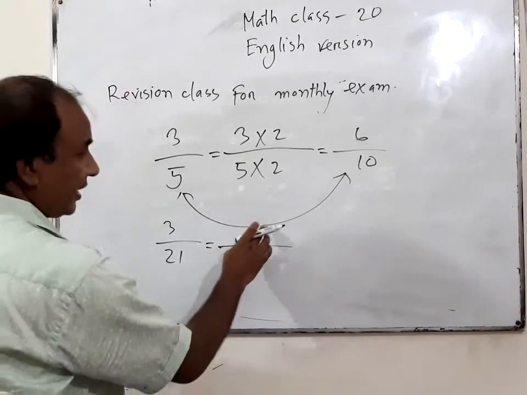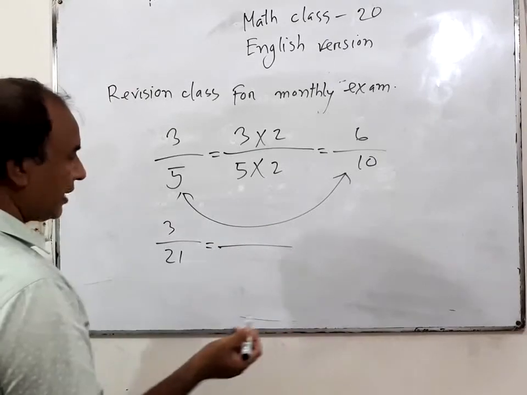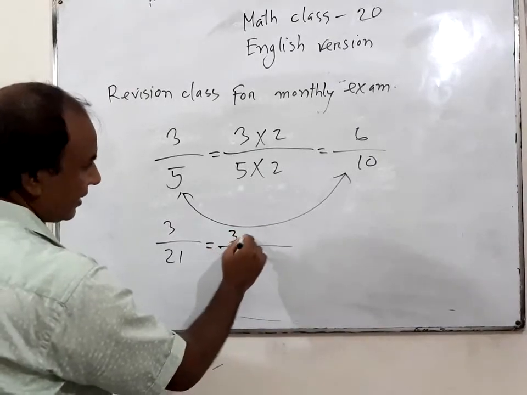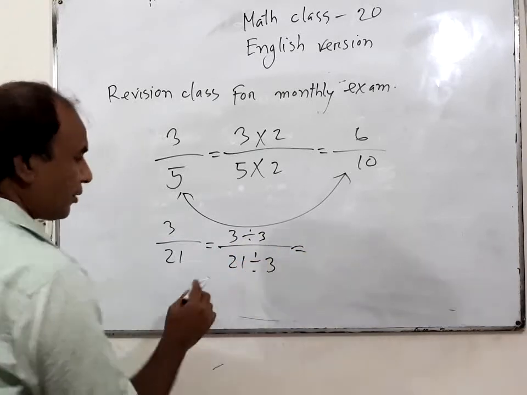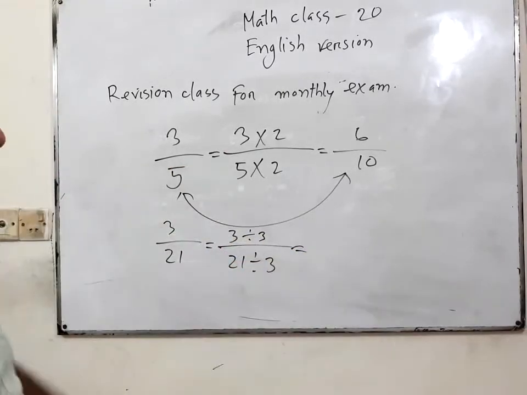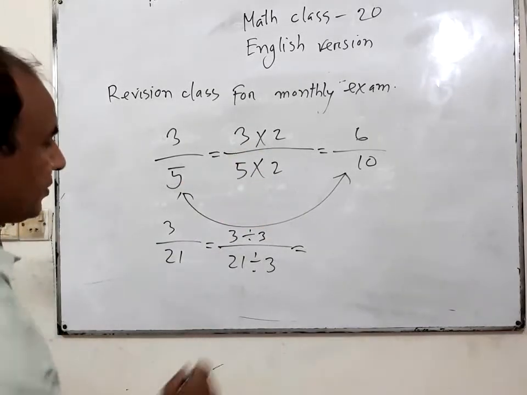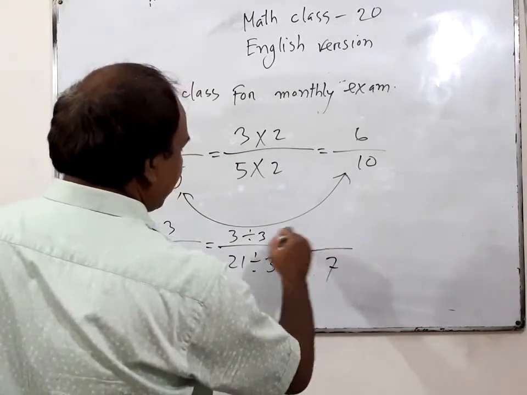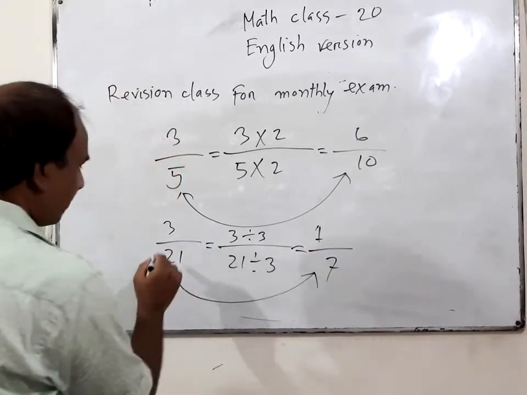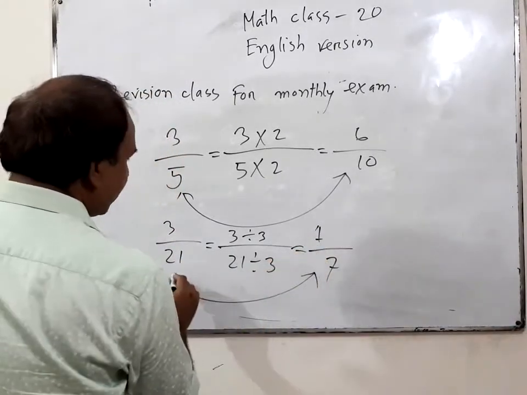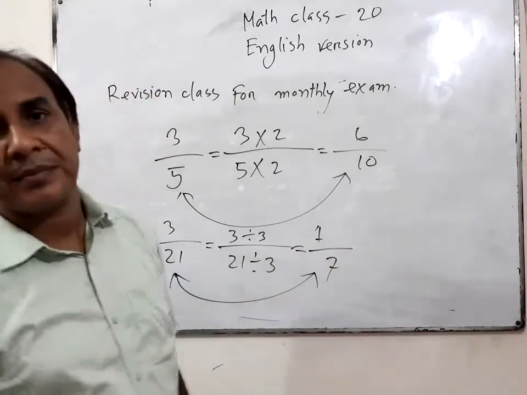The definition is saying, we can divide or we can multiply. We can divide 3 divided by 3, 21 divided by 3. We have to divide or multiply with the same number. So 1 and 7. So the equivalent fraction of 3/21 is 1/7.